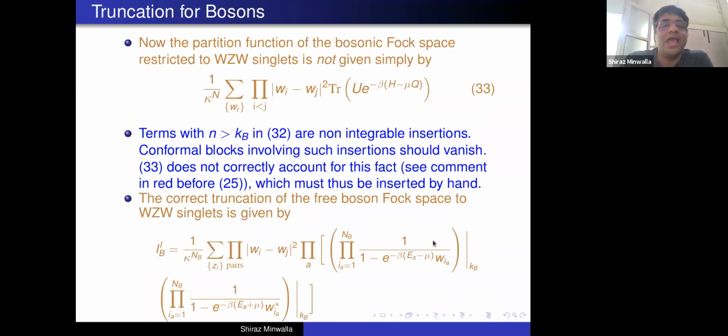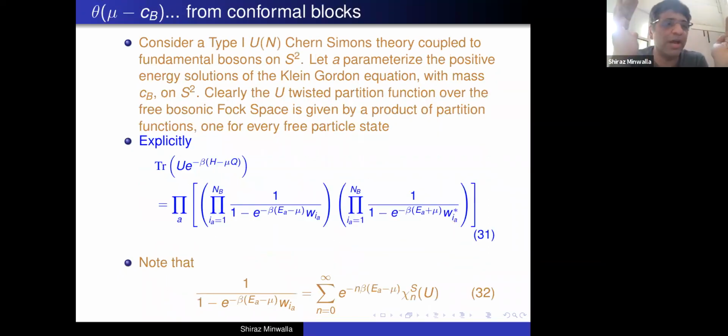Now, the partition function over these bosons. If we really wanted to restrict to Wess-Zumino-Witten singlets, or to the space of conformal blocks, there's an important point here. Gepner and Witten showed long ago that if you have a bunch of integrable representations and one or more non-integrable representations, then the conformal blocks coupling these two vanish.